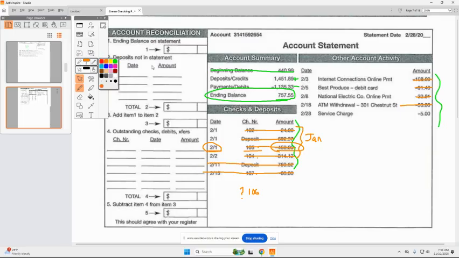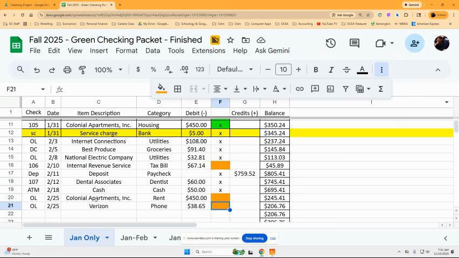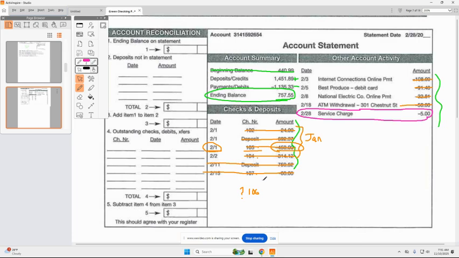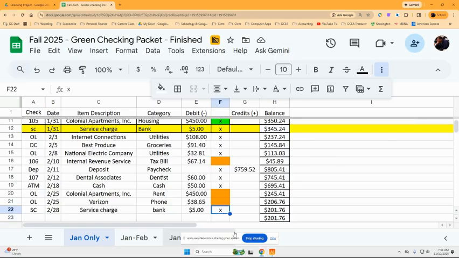The one thing we still have to deal with from our point of view, again, is this service charge. They went ahead and took $5 from us. So we're going to have to go down here and type in service charge, bank, $5. We know about it because the bank told us, so we're going ahead and mark that off and put a check mark there.